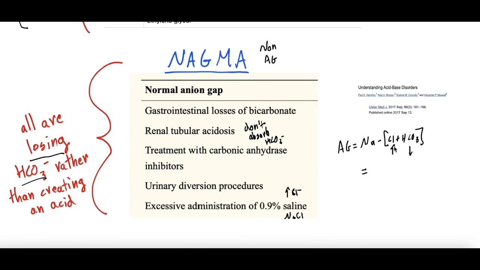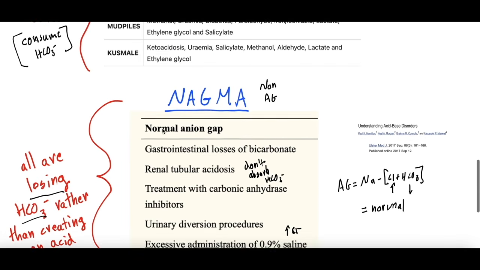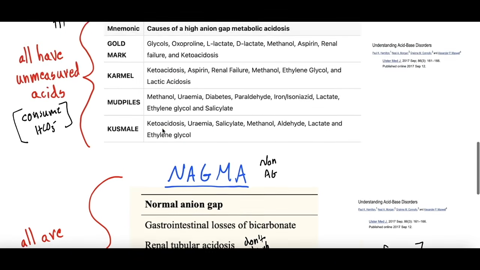So this is net neutral, and it ends up with a normal anion gap, because these cancel out. Hopefully that makes sense. We know that there's a lot here between kind of pathophysiology and then understanding how to apply the anion gap and non-anion gap, but hopefully that makes sense.